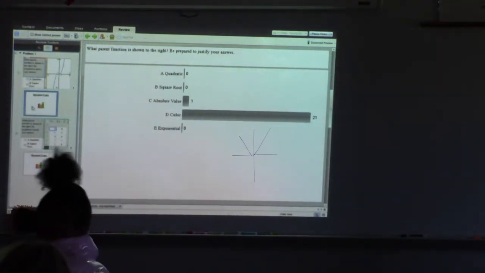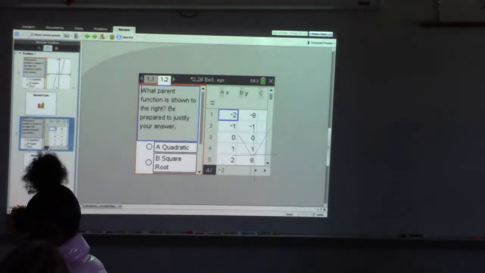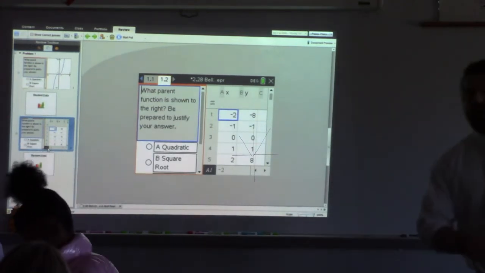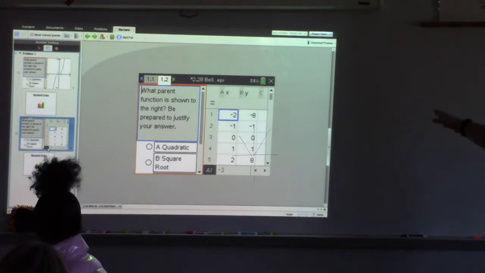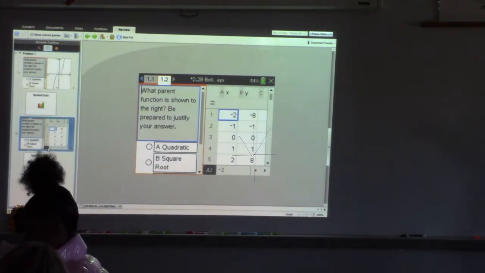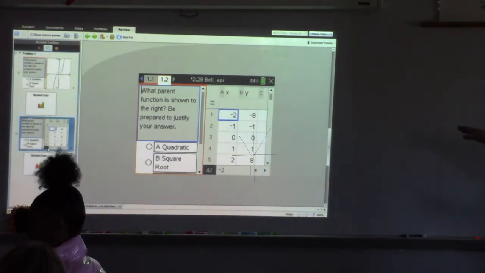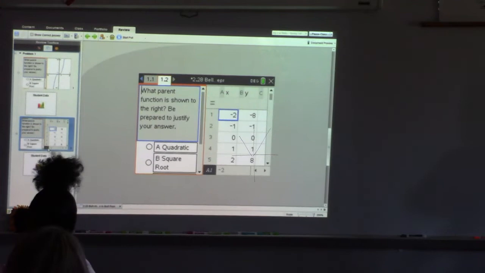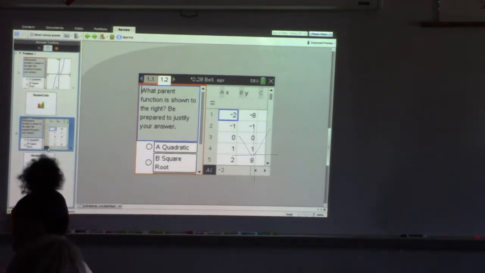Now, the next one. Was the next one a little bit harder to recognize? No. Okay, so Anthony was good. Anna, were you able to easily see this one in the table? No? Omar? Somewhat, okay. Does anyone have an idea of some easy ways to identify what the function is in the table?